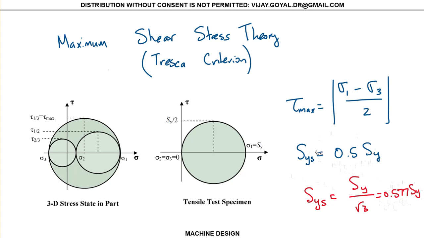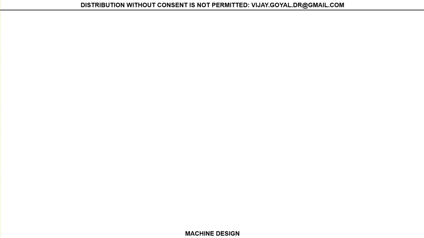So basically what we are saying is, the maximum shear stress theory says that given a state of stress, given a problem, you know your tau maximum.